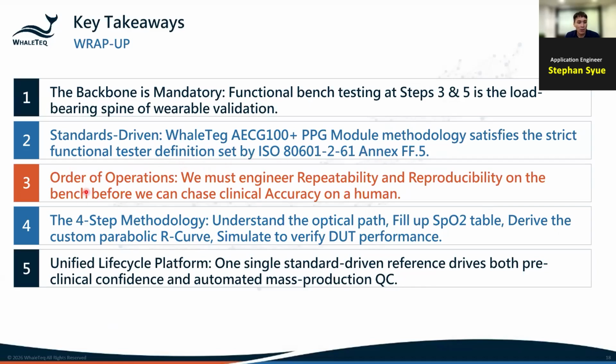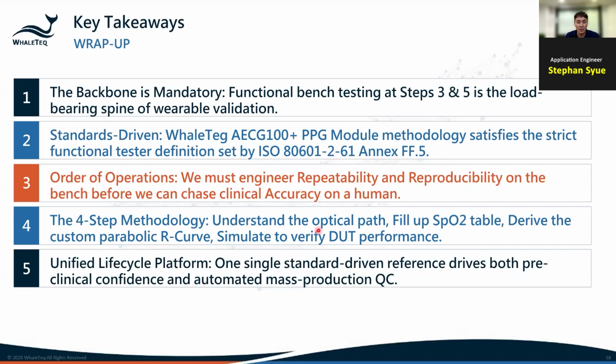And from the order of operation, we need to understand that repeatability and reproducibility are the foundation before we chase the clinical accuracy on a human being. This can come true, and the capability for those two can be realized on a bench test.